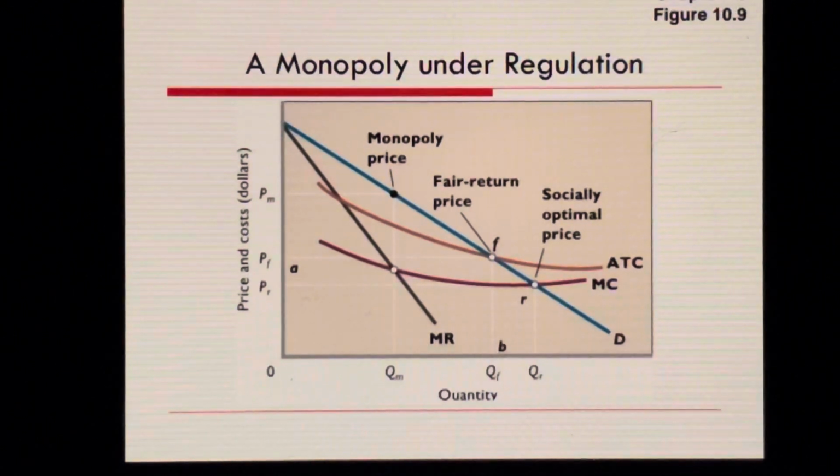When the socially optimal price comes, the per unit price is very low, with the quantity increased. So the marginal cost will be met through these curves, and also the average total cost.